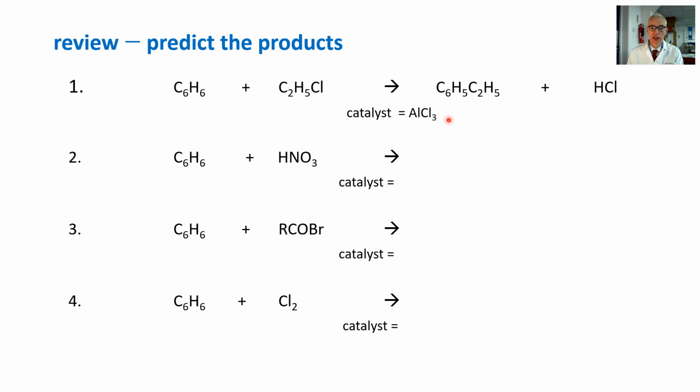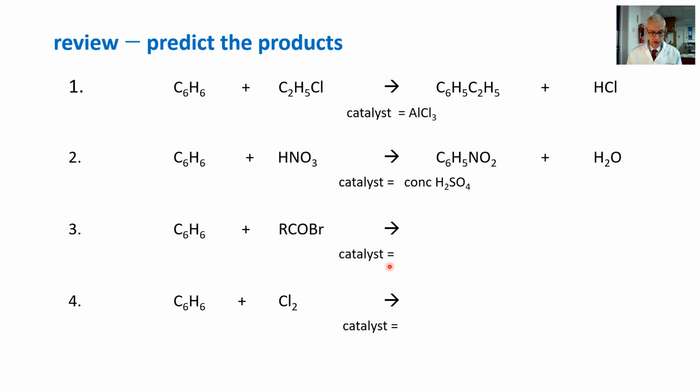The catalyst, aluminium trichloride or iron 3 chloride, either will do. So, revealing the second set of products, this of course is a nitration, concentrated nitric acid, catalyst concentrated sulfuric acid. The nitro group, NO2 group, is substituted into the benzene ring and we balance the equation with water.